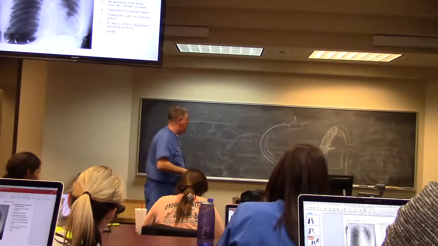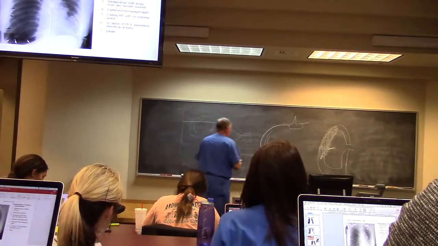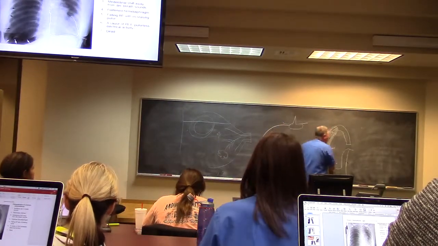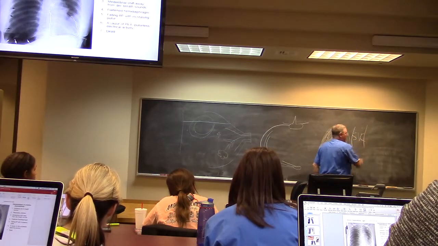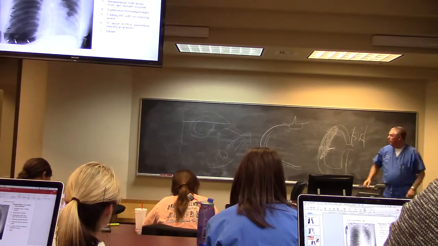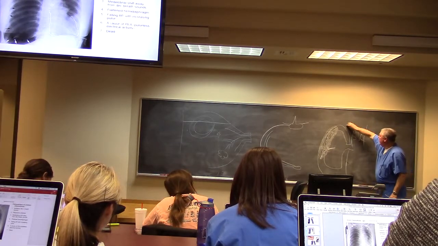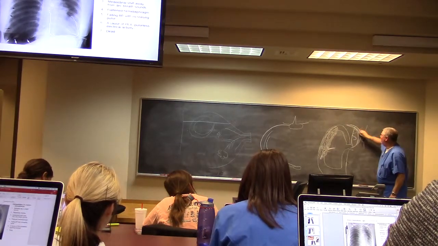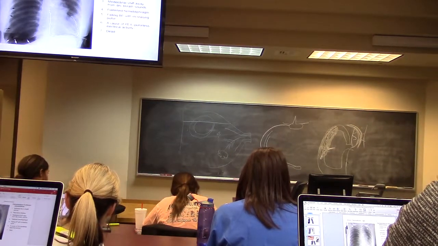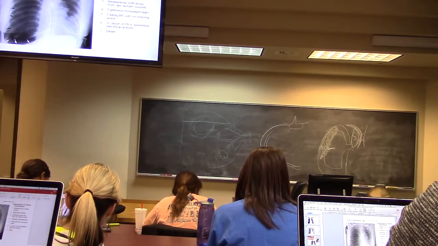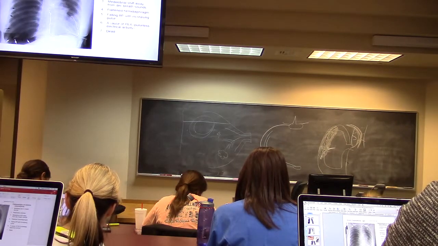The reason this is bad is because you have all these great vessels of the heart right here, namely the superior vena cava. This tension in the mediastinal shift puts pressure on the superior vena cava. You have decreased venous return to the heart.